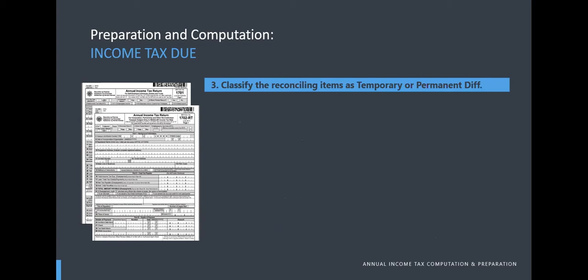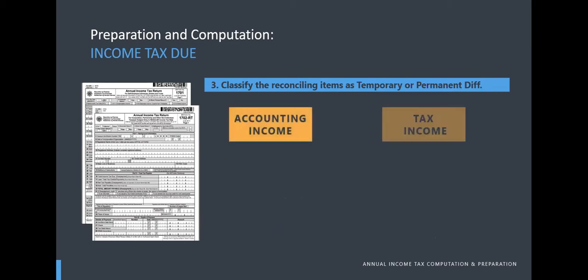Next step, classify the reconciling items as temporary or permanent difference. So we have an accounting income and tax income. Generally, the expenses for accounting income and tax income are the same.